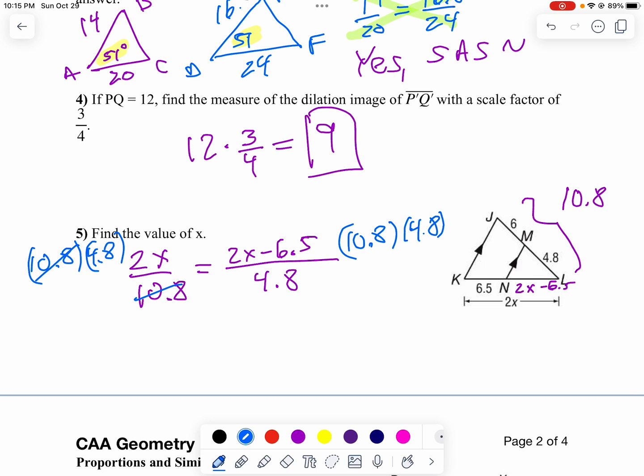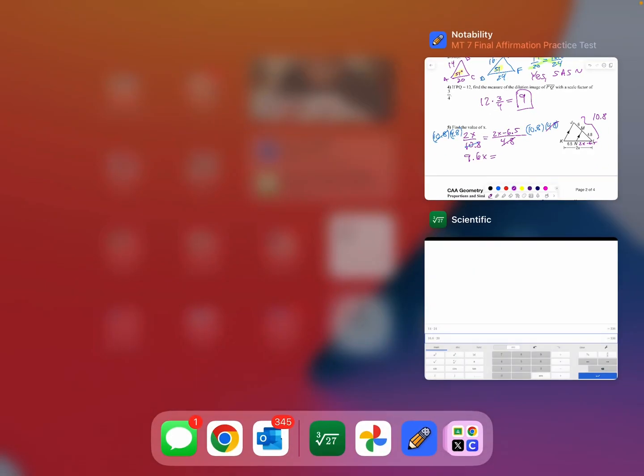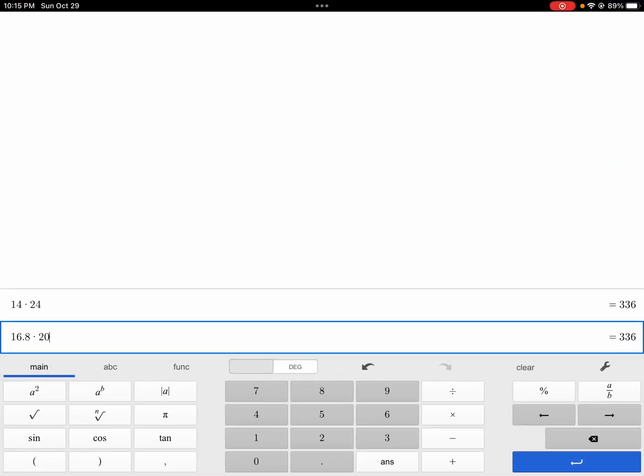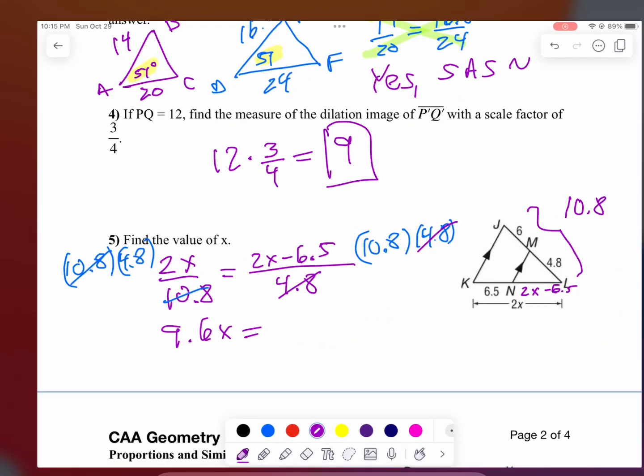I take 4.8 times 2, well, that'll be 9.6x. On the other side, my 4.8's reduce. So I'll take 10.8 times 2.